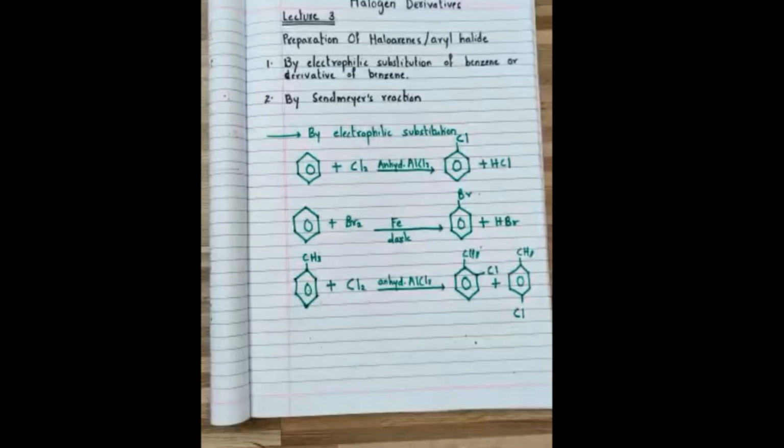Because the iodination of the benzene ring will give us iodobenzene, with the production of hydroiodic acid, that is HI. HI is a very strong reducing agent, and it reduces the product back into its reactant form, which we don't want. So we can say that iodination is not considered because the iodination reaction is reversible in nature.